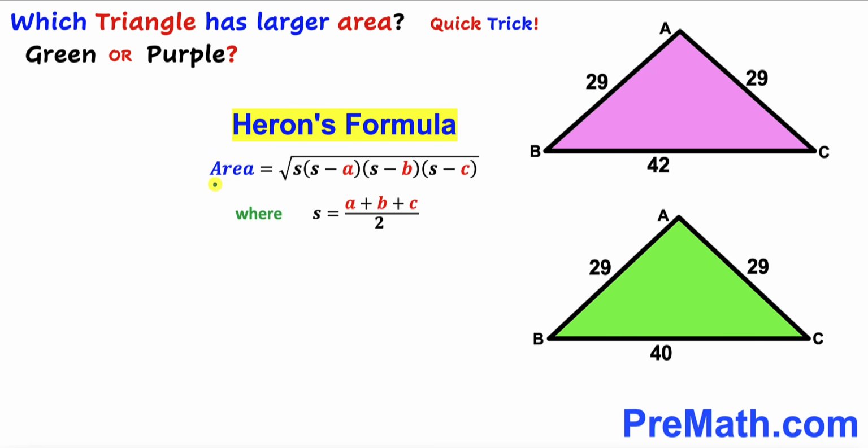Area equals the square root of s times (s minus a) times (s minus b) times (s minus c), where a, b and c are the side lengths of this triangle, and s equals (a plus b plus c) all over 2. However, this method is going to be very cumbersome and hectic, so we are not going to use Heron's formula.